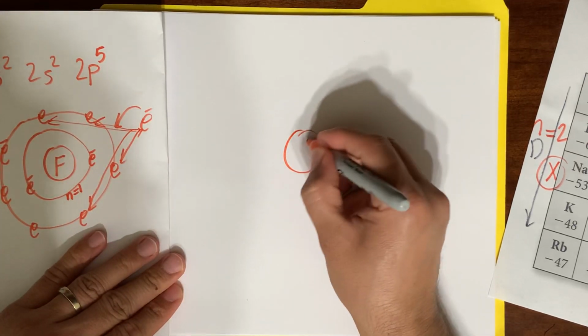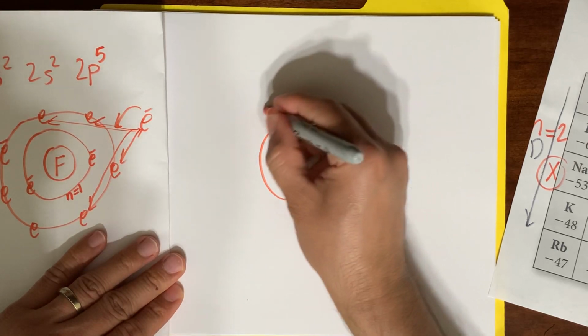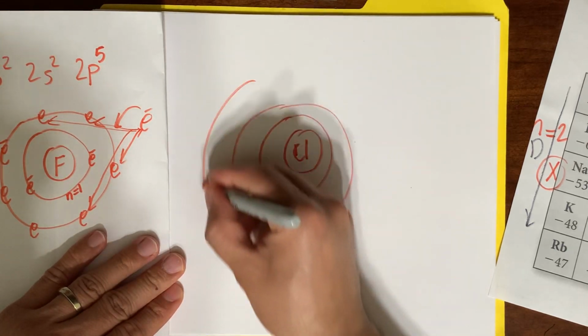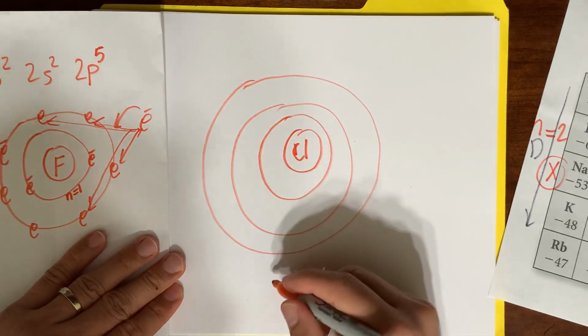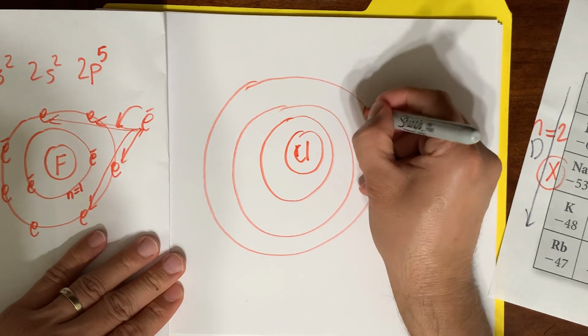This is chlorine. First layer, second layer, third layer. In the third layer, again, you have 7 electrons.